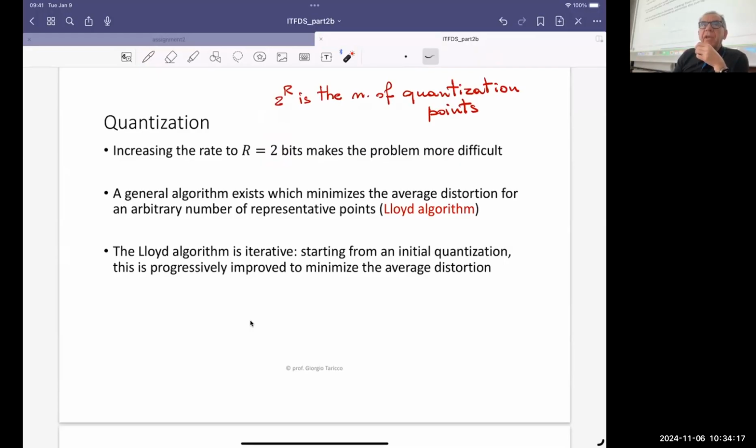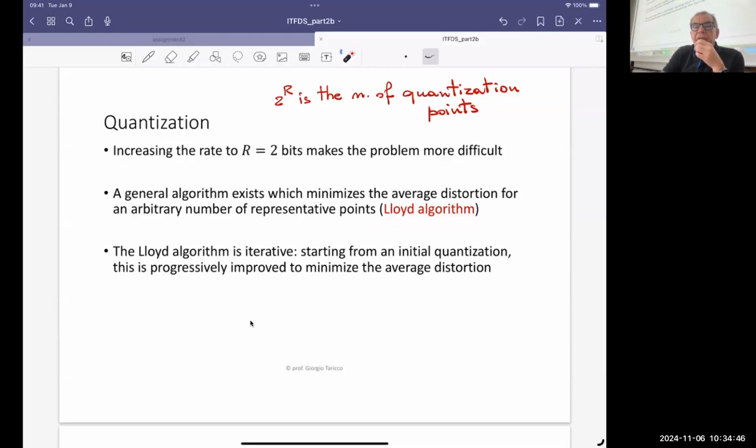Instead of only A, we could write that we have to find A and B. But nevertheless, the problem is analytically a little bit more difficult than before. So there is this general algorithm that minimizes the average distortion. And this algorithm is called the Lloyd algorithm, or sometimes the Lloyd-Max algorithm.